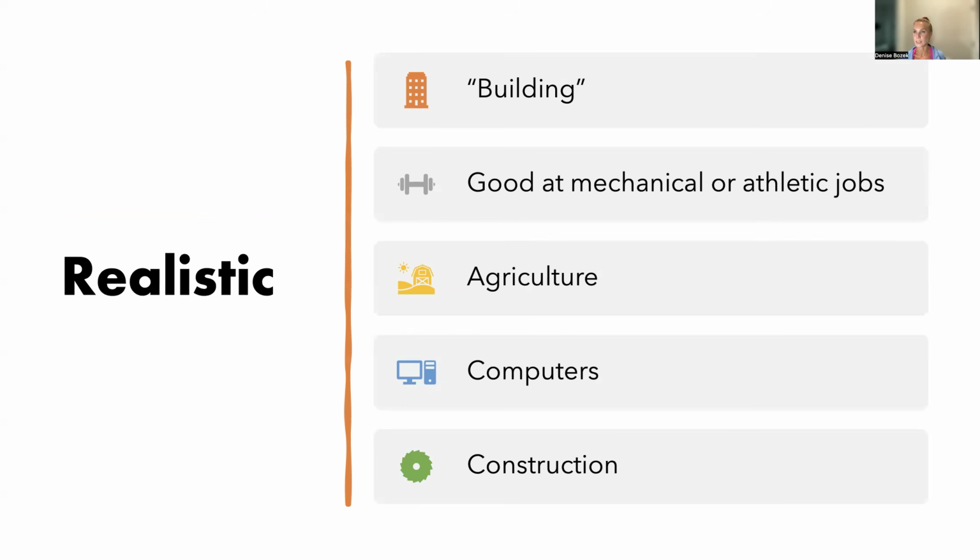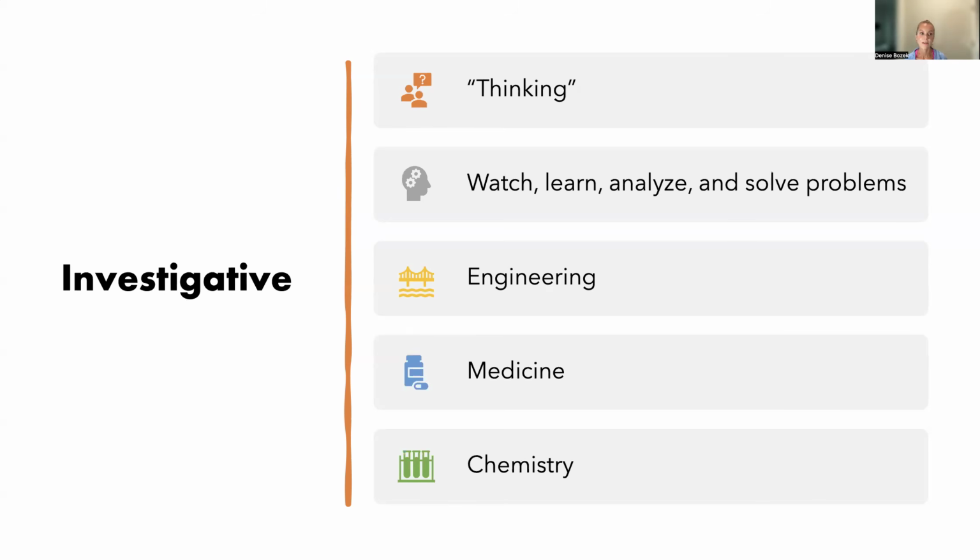First, we have realistic. Someone who is strong in the realistic personality type would be called building. They're good at the mechanical or athletic jobs, things dealing with construction, computers, agriculture. They are using their hands, building things, making things. So when you see realistic, think building. Next, we have investigative.